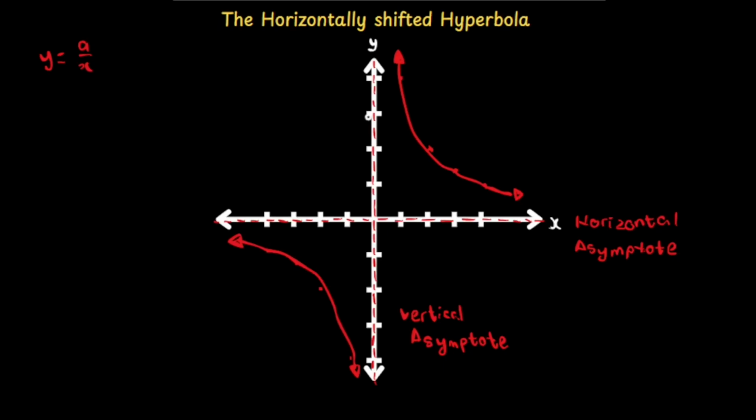Okay, and the reason behind that is, if I were to shift this vertical asymptote, let's say 3 units to the right, my hyperbola, the entire hyperbola, would shift 3 units to the right. So simply by manipulating the values of its asymptote, I can manipulate the position of the hyperbola on the Cartesian plane.